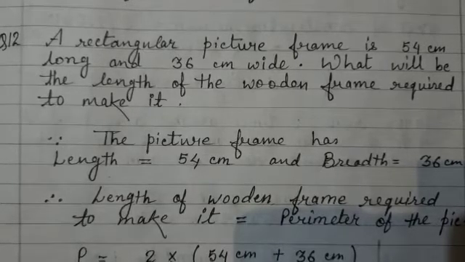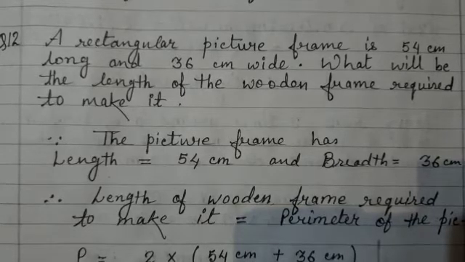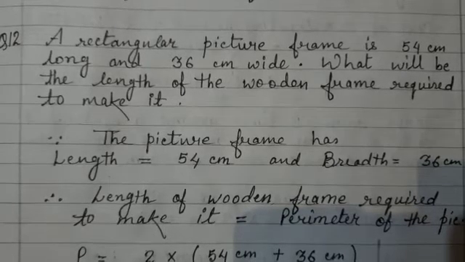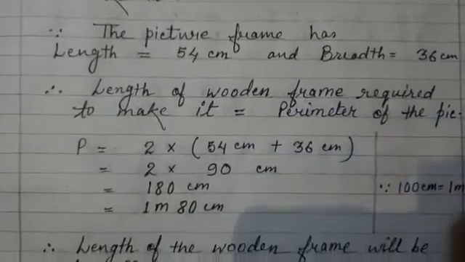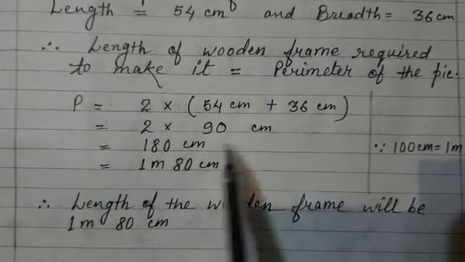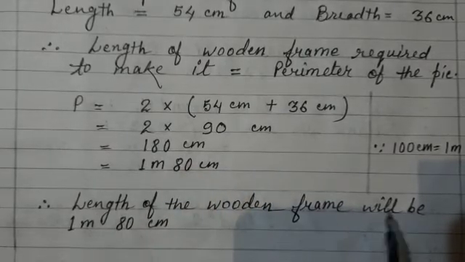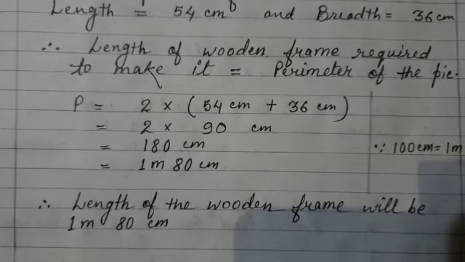Perimeter is equal to 2 into (54 centimeter plus 36 centimeter). That means 2 into 90 centimeter and it is 180 centimeter. As 100 centimeter is equal to 1 meter, therefore, it is 1 meter 80 centimeter. Okay. So, we can conclude that the length of the wooden frame will be 1 meter 80 centimeter.